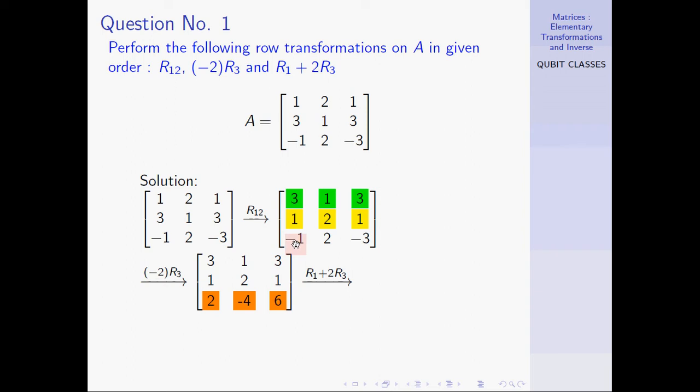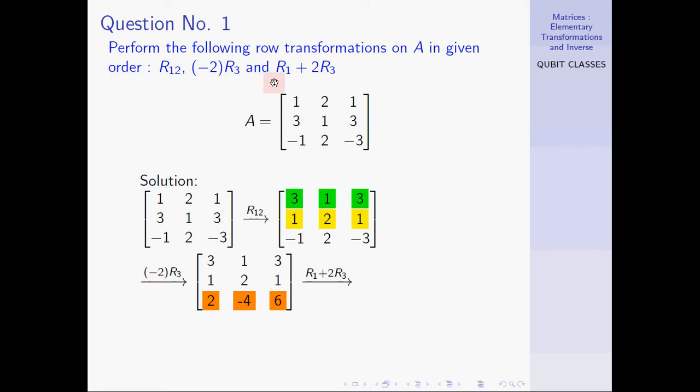So -2 into -1 will become 2. -2 into 2 will become -4. And -2 into -3 will become 6. So a transformation of this kind will give us an entire row multiplied by this number. In this case it is -2.